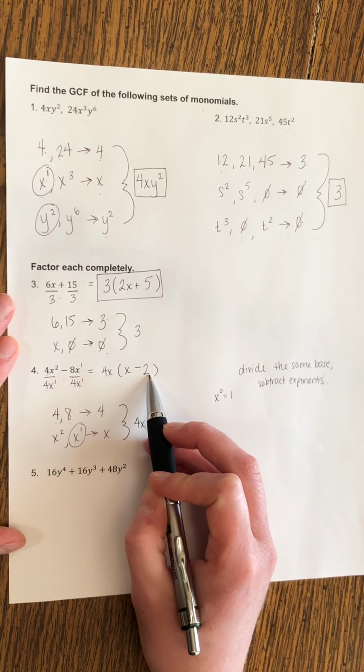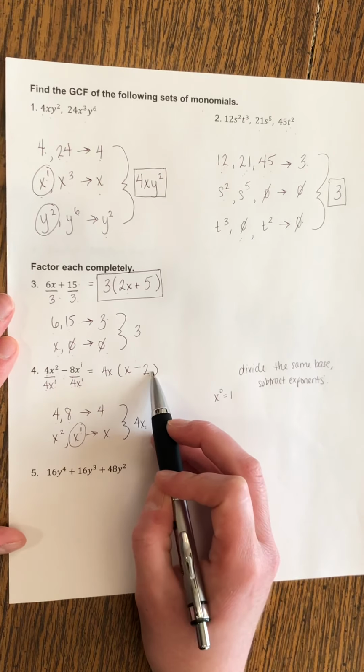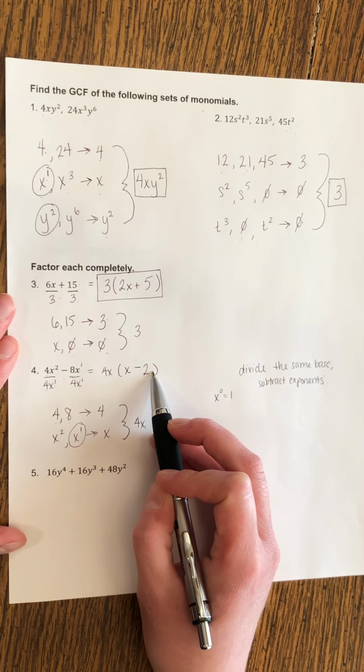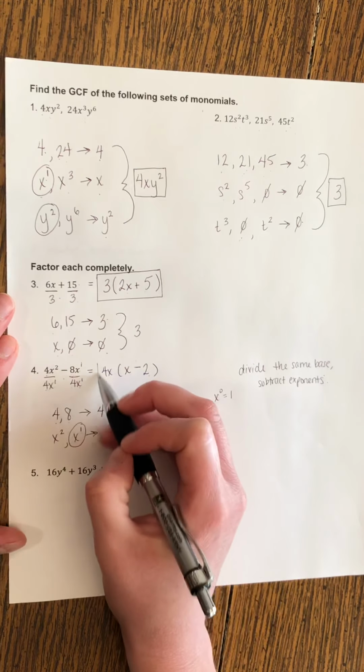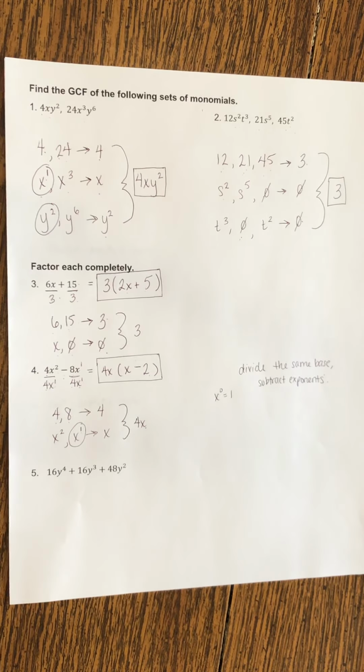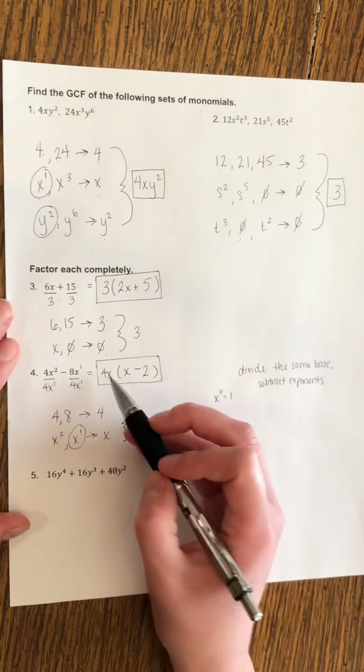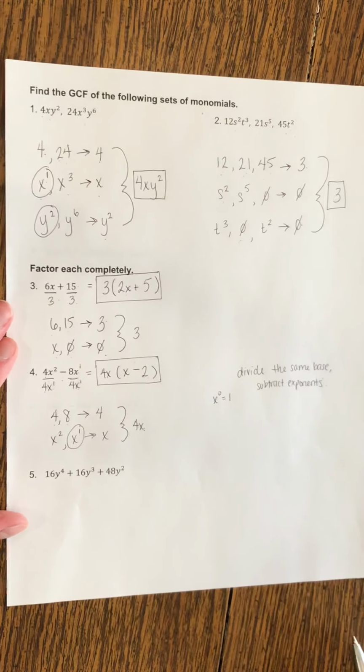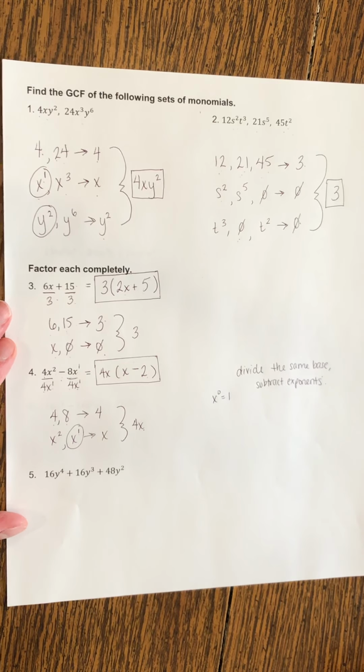So I'm just going to leave that as a 2, minus 2. Technically, it's minus 2 times 1, but if I multiply anything by 1, I get itself. So this will be our final answer here. We could always check our work by distributing the GCF back into the set of parentheses.